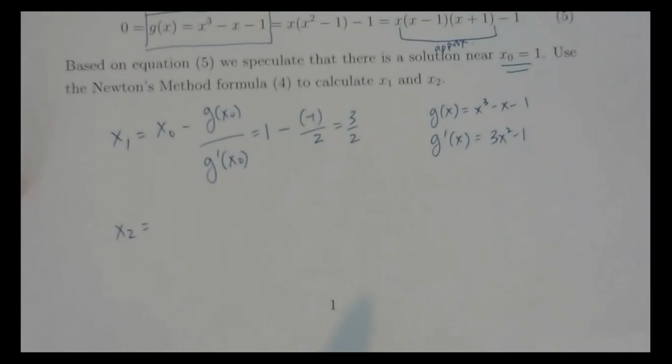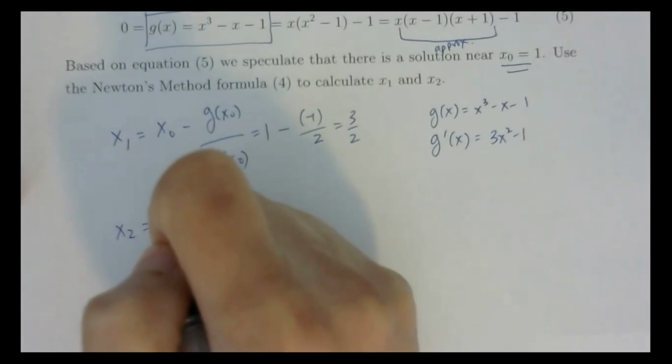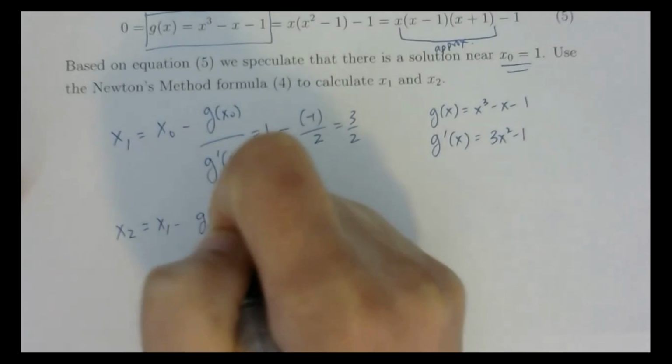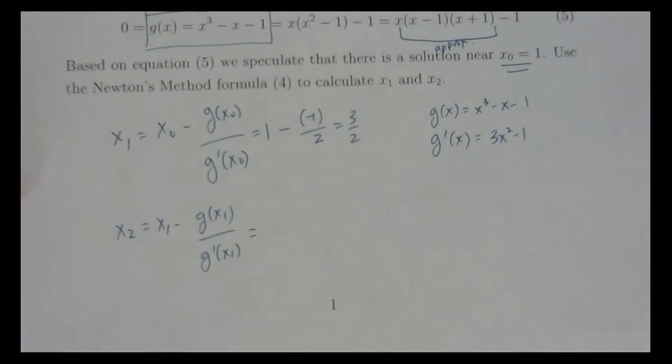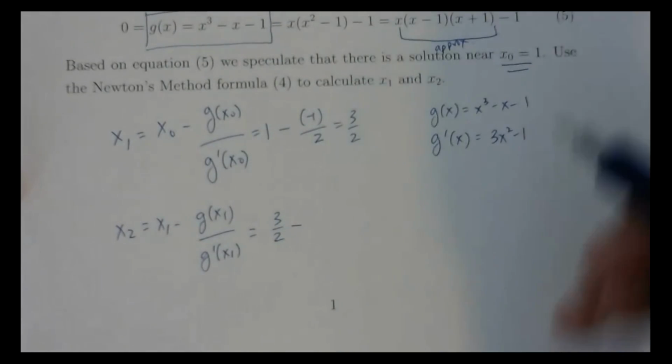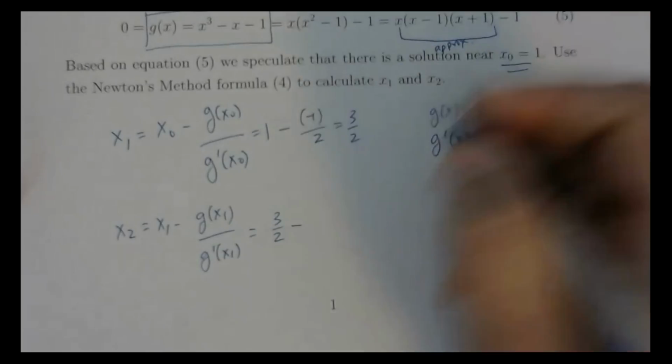Okay, let's do x2. So this is x1 minus g of x1 over g prime of x1. So it's going to be 3 halves minus, let's see, g(x1). So I'm going to plug that into here.